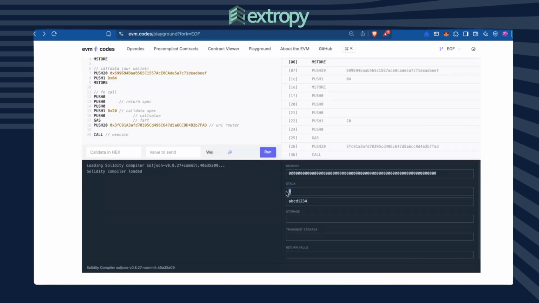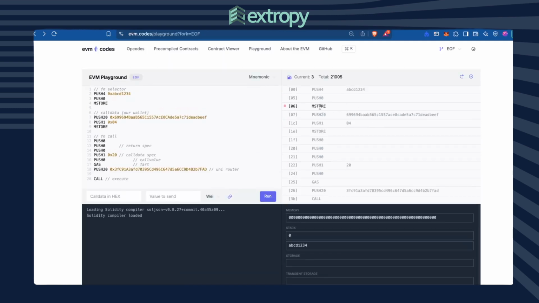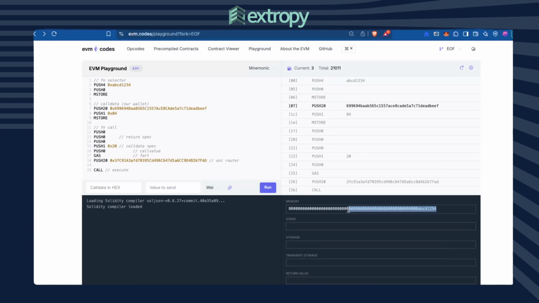We then do a PUSH 0, which puts a 0 on the stack. We do an MSTORE, and that stores it in memory. And so you can see there, that's the function selector.